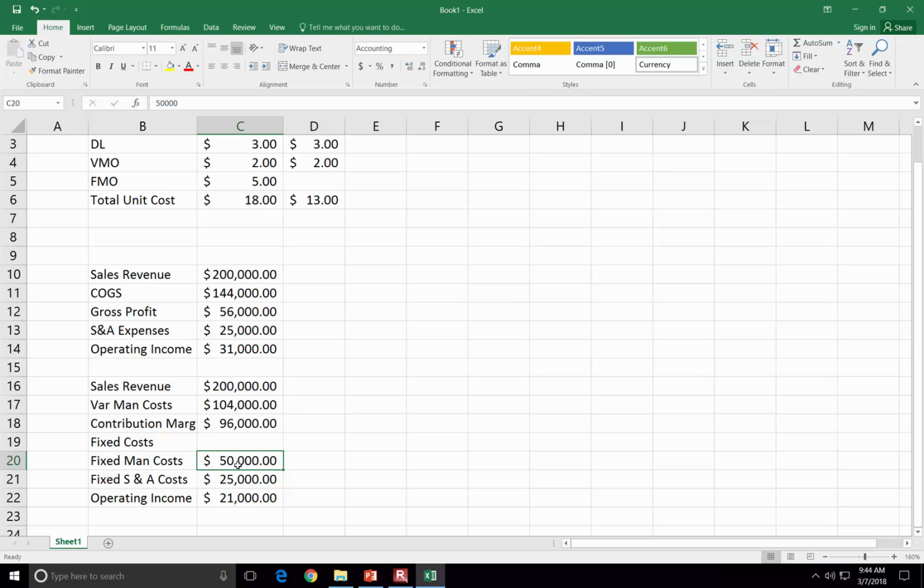Under absorption costing, we put those fixed manufacturing costs into the units, right, at $5 per unit, and then we didn't sell all of the units. So some of those fixed manufacturing costs are still sitting there in the value of our ending inventory. We only charged off as an expense the amount that was in the units we sold. That's the difference between the two.